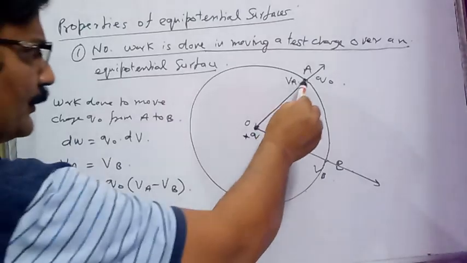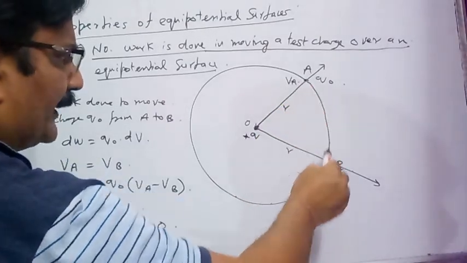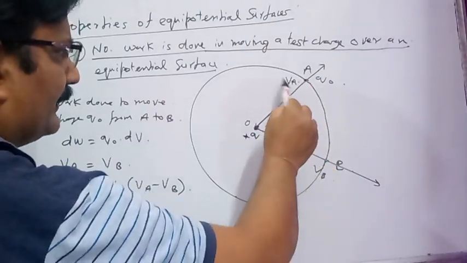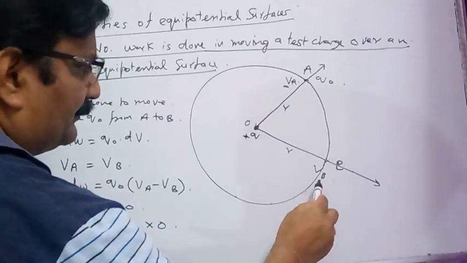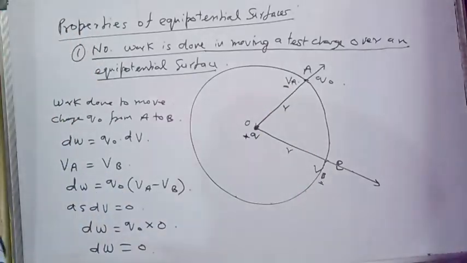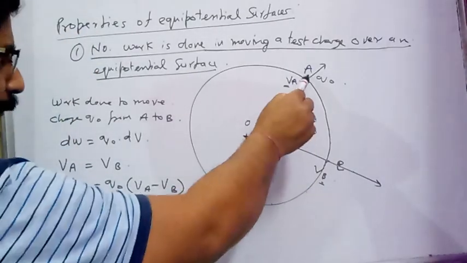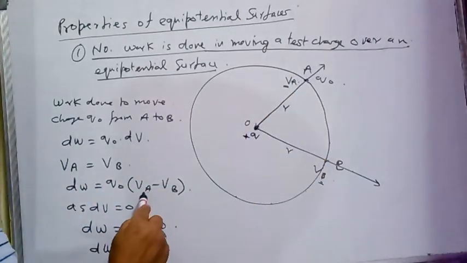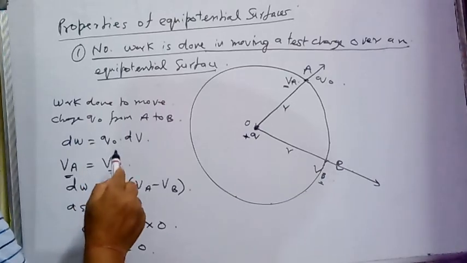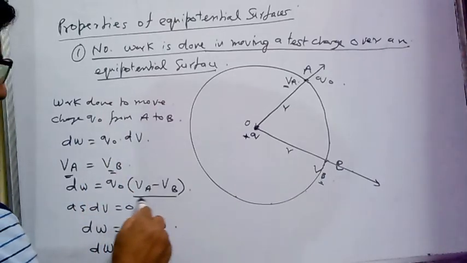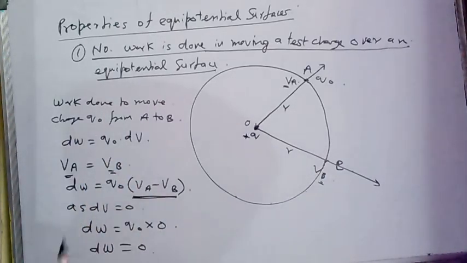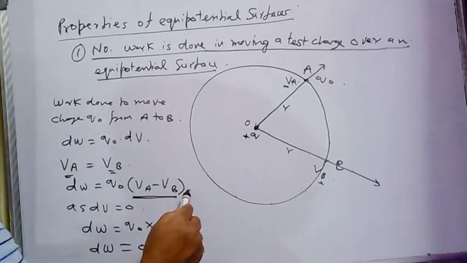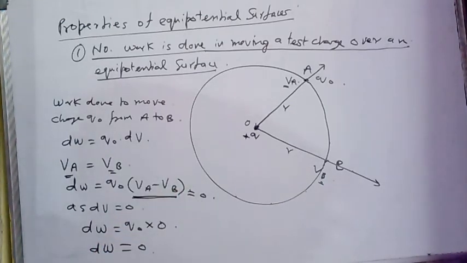Suppose a charge Q0 is to be moved from point A to point B, and the potential at A is VA, the potential at B is VB. As points A and B both lie on the same equipotential surface, the potential at A is going to be the potential at B. And what is the potential difference between the two points? VA minus VB, and that is going to be 0.